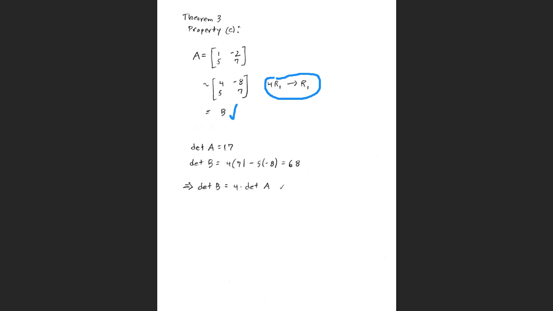So the determinant of A is 17 and the determinant of B is 68. So indeed, the determinant of B is 4 times the determinant of A, because we used a scaling of 4.